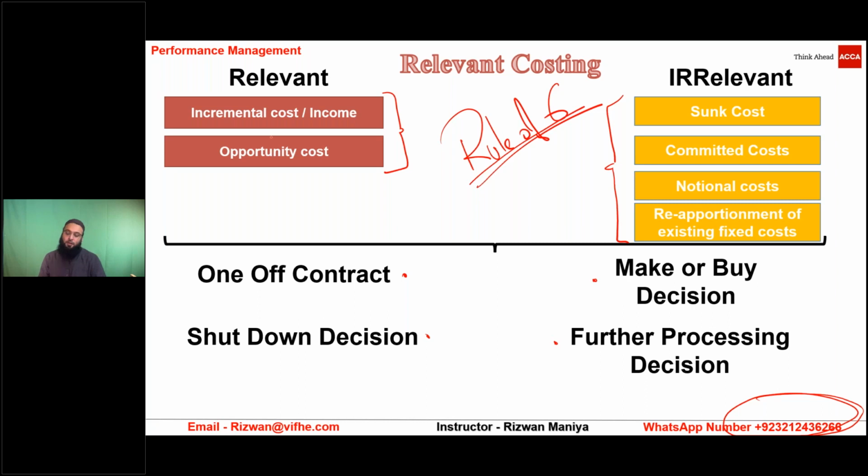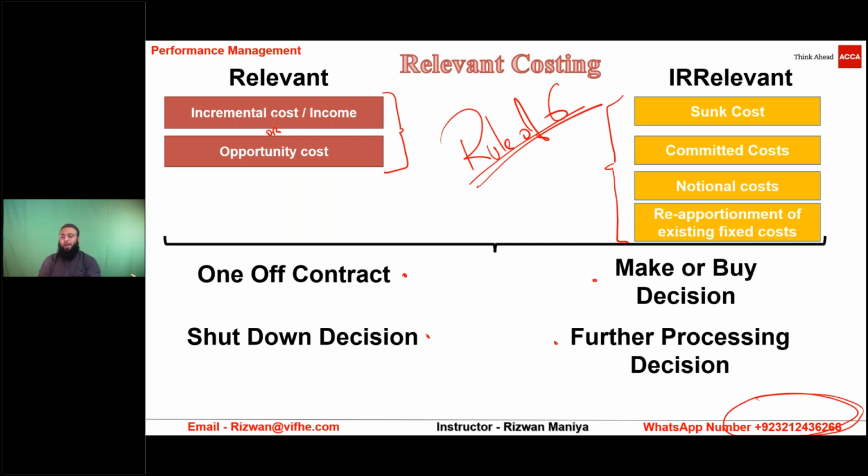So a cost will be relevant, either it is incremental, just arising because of a decision, or it's an opportunity cost. If this falls under incremental, so that's relevant. If it qualifies through opportunity, it's relevant. So a cost will either be incremental, additional one because of the decision, or it will be an opportunity cost.